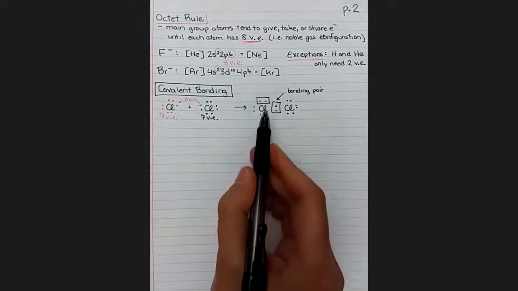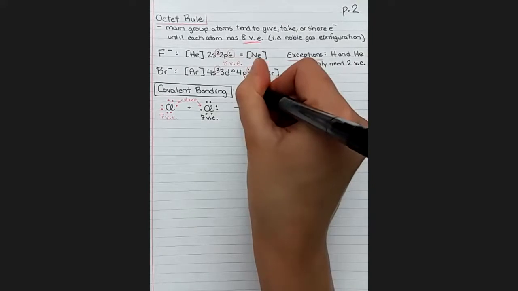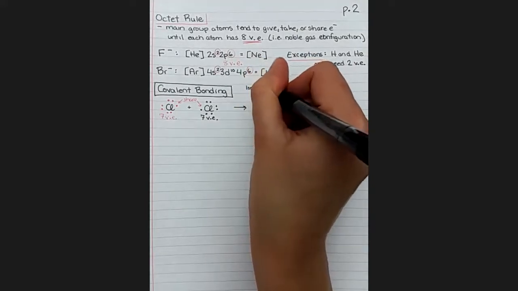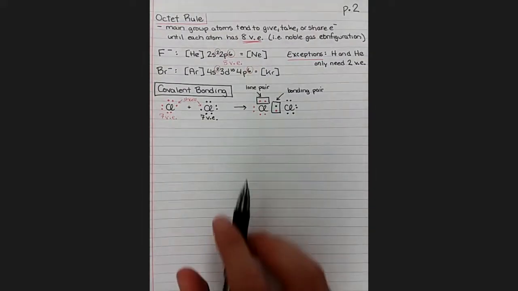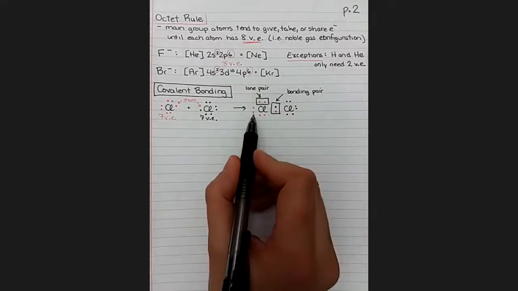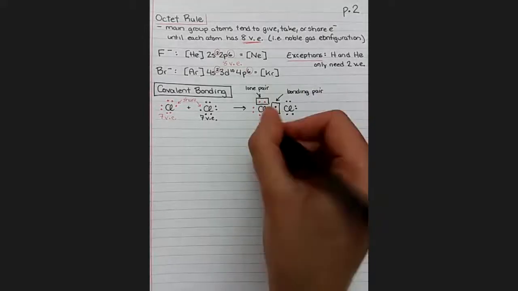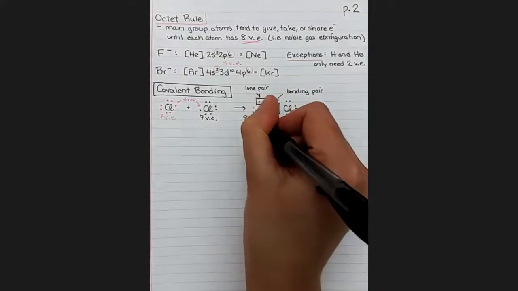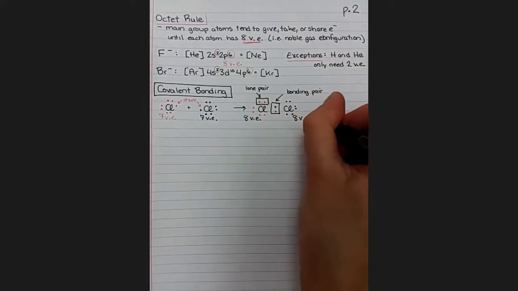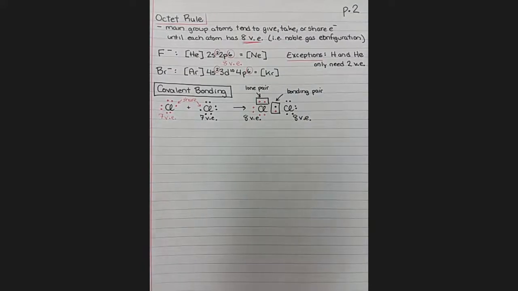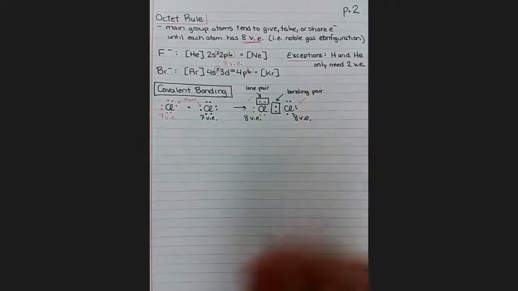This pair of electrons that belongs to one single atom alone is called a lone pair of electrons. It is not shared, it only belongs to this particular chlorine atom. Now that we've shared, this chlorine on the left has these 6 lone pair electrons, and it has 2 bonding pair electrons, so it has 8 valence electrons now, and so does this chlorine over here. And so we have complete octets for both of them. We can check those off.